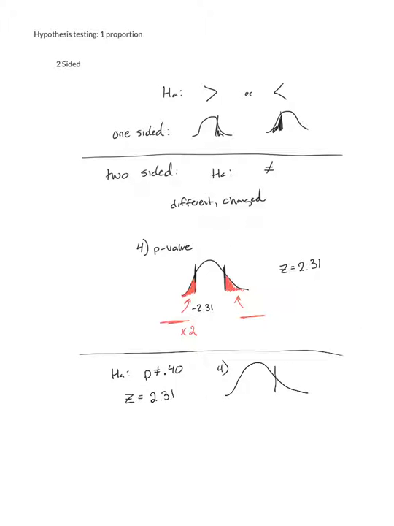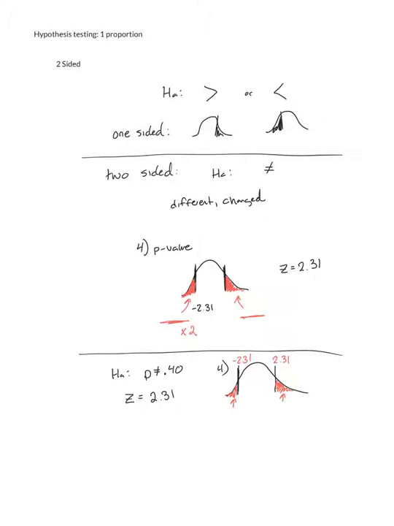I shade it, the most extreme side. And then because it's not equal to, I'm going to copy that down over on this side and shade that end tail too. Now once again, because this is symmetric, this one and that one are exactly the same number, which means I can look at 2.31 or negative 2.31 on the z-table. Go ahead, find that value, and then come back.